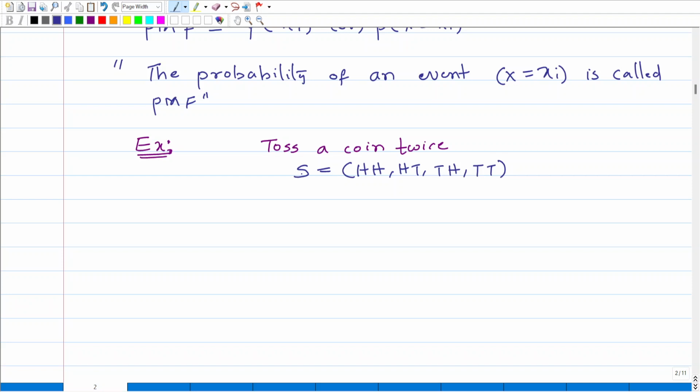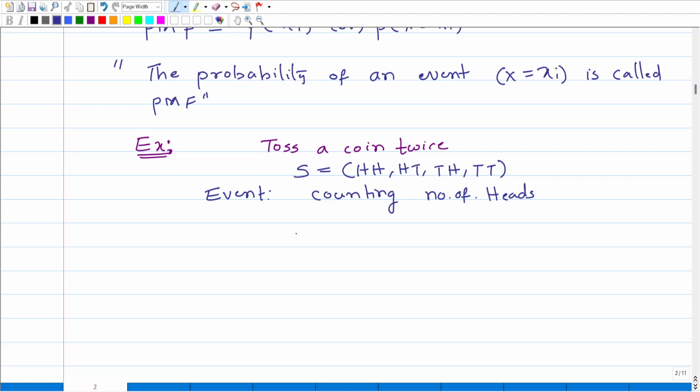The set of all the possible outcomes is the sample space. So what is the event we considered? Counting number of heads.